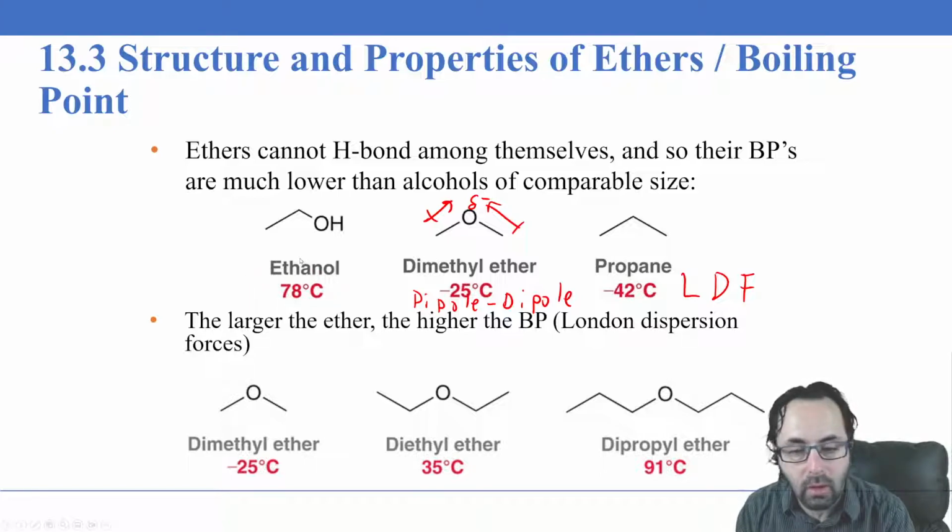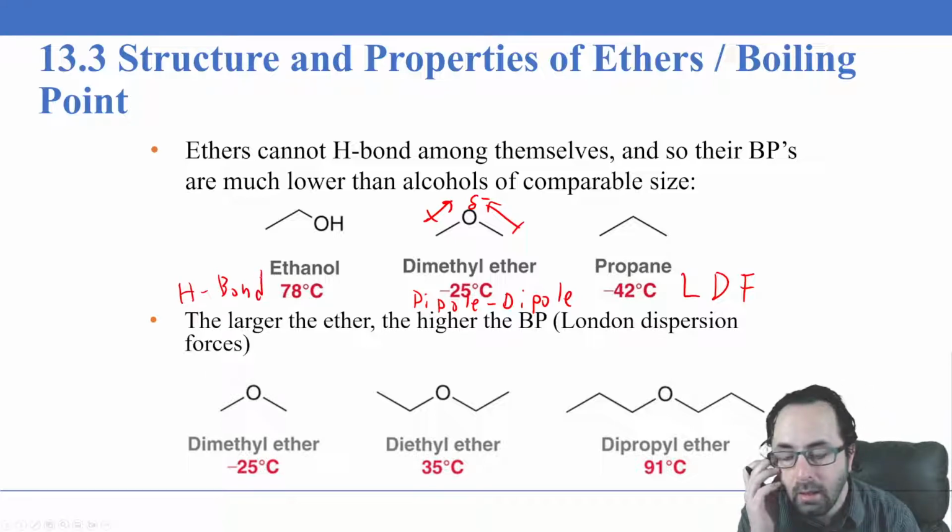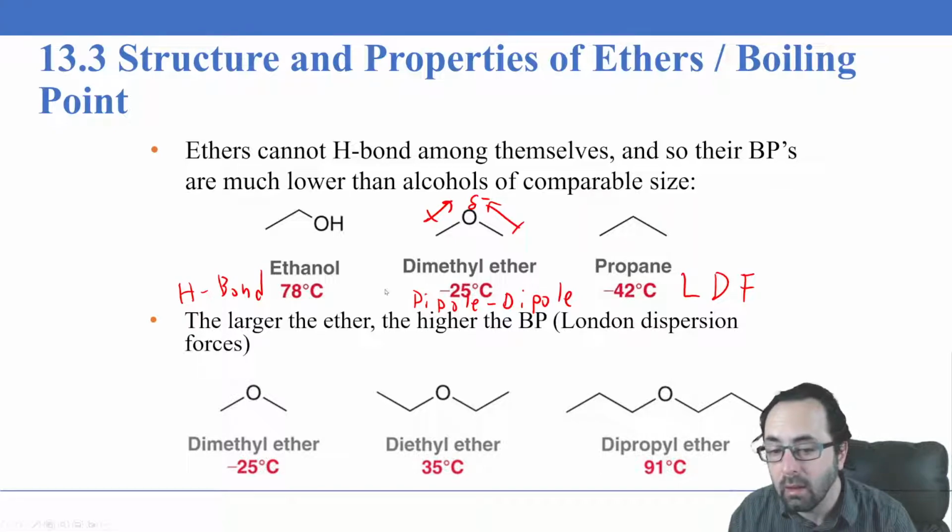Those molecules, because of the hydrogen bonding, will attract to each other much more strongly. So ethers have boiling points and intermolecular forces that are slightly stronger than those for alkanes, but not by that much, not as much as you might think, given that carbon-oxygen is such a polar bond.